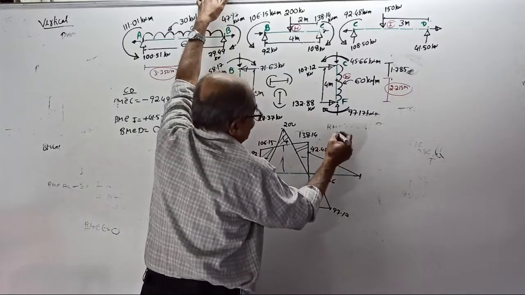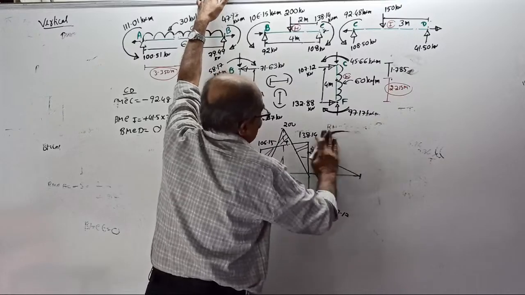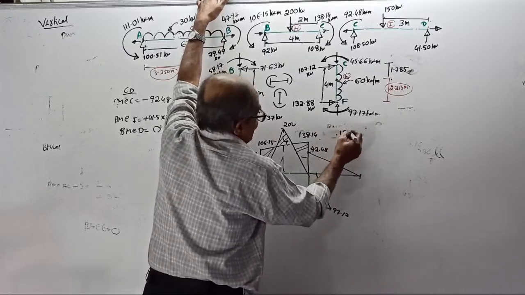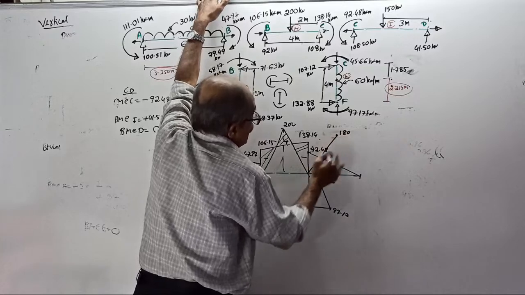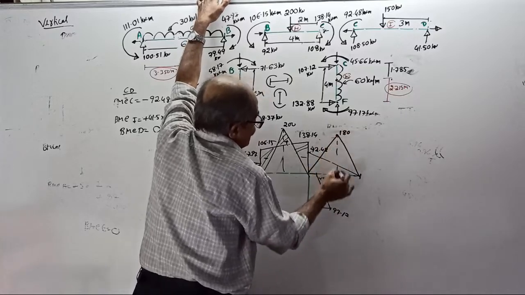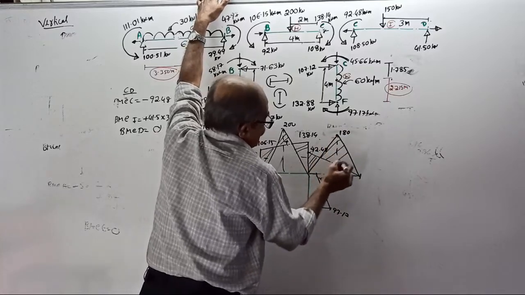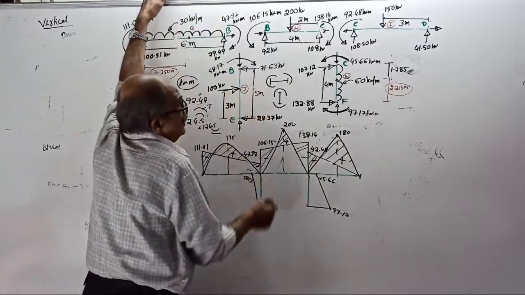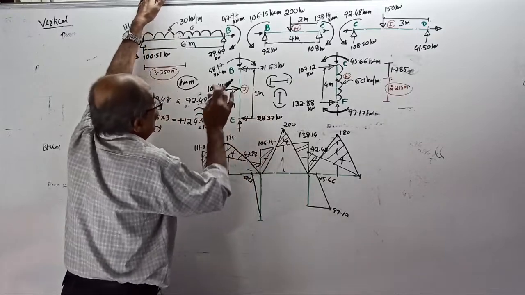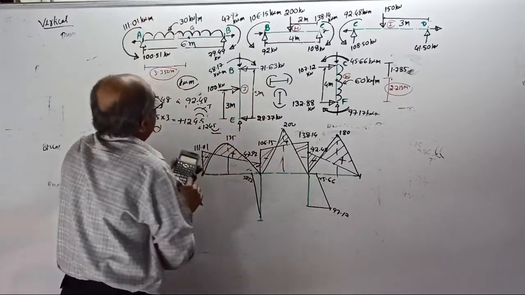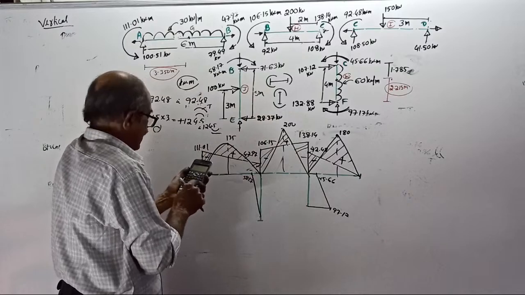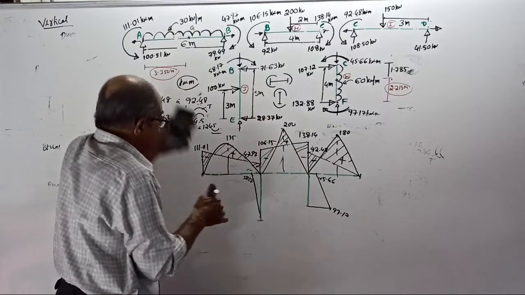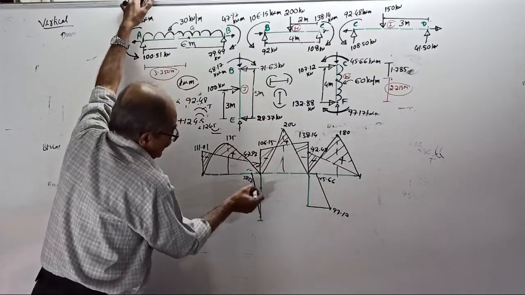Under the load it is 180, little more. Minus, plus. Here WAB by L, you should plot on the loaded side. Load is this side. WAB by L: 100 into 3 into 2 divided by 5 is 120 here.